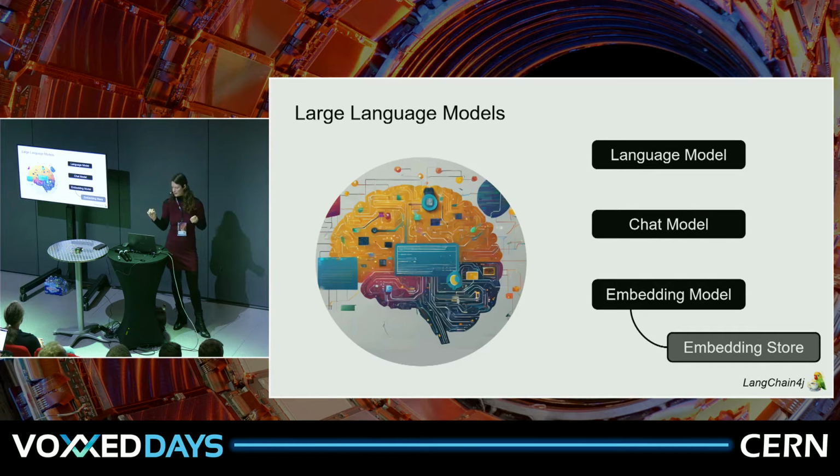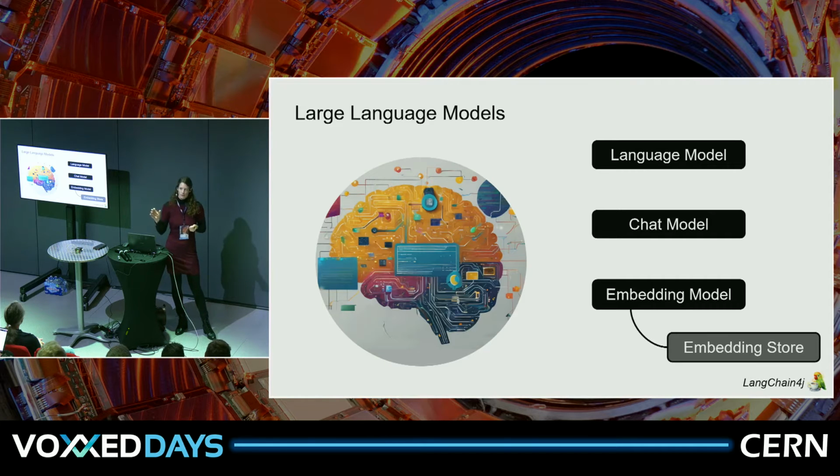And then these vectors or embeddings, we store them in a specialized database called an embedding store. There was a very nice talk yesterday about the use of these embedding stores. They're specifically optimized to really retrieve very fast a similar vector with a similar meaning.